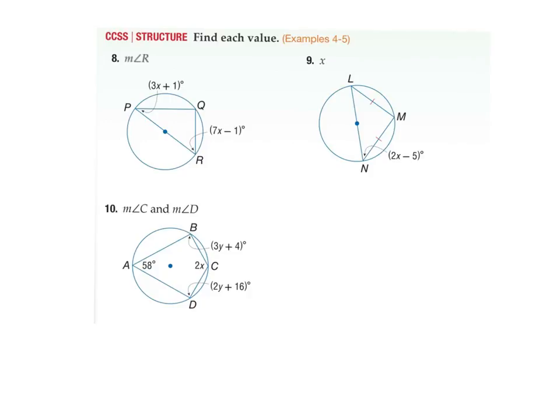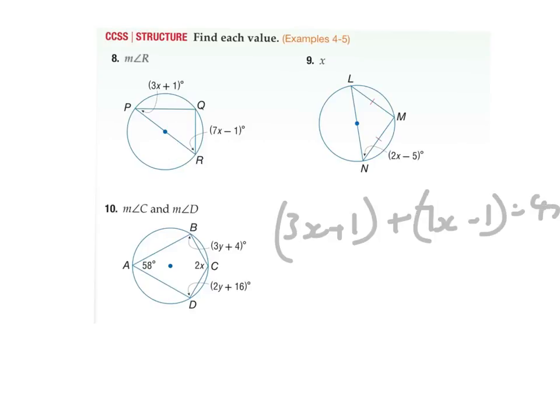Alright, so let's have a look at question number 8. You know that your 3x plus 1 angle plus 7x minus 1 must equal 90 degrees. Those two angles must add to 90 because Q is 90. So 10x must equal 90, so x is going to equal 9.